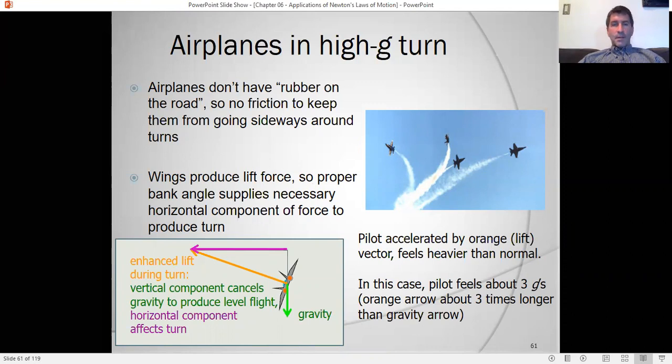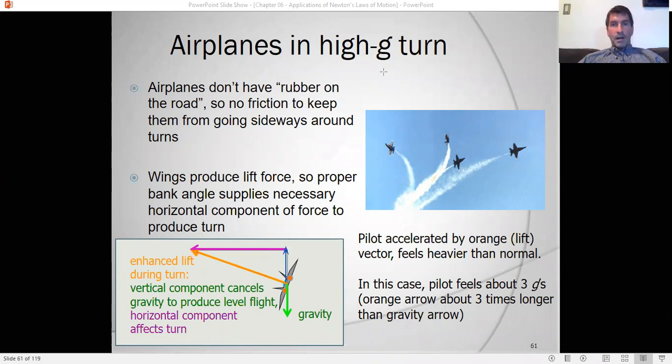Now, the problem is you have to execute these turns such that you're still opposing gravity. Gravity's pulling down. You still need enough upward force or vertical force to compensate for that. But of course, if we look here, the total lift is much greater than the force needed to go against gravity.